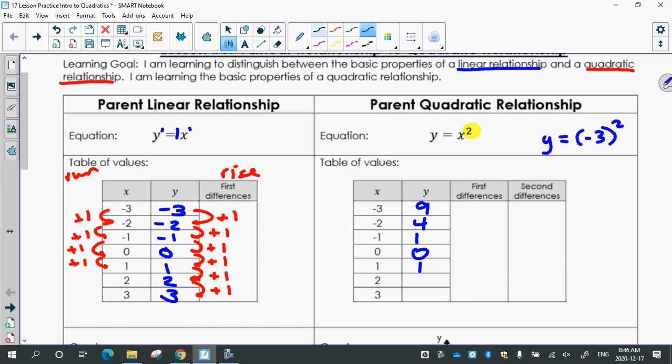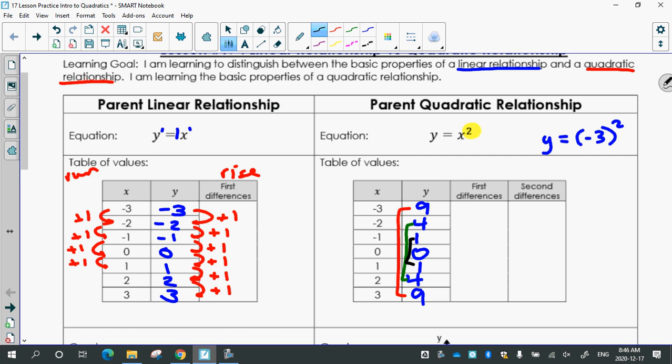Square 1, I get 1. Square 2, I get 4. And square 3, I get 9. So you kind of notice this pattern here. You see how those are the same? And then these are the same. And then these are the same. And then there's one in the middle. Okay, that's good. That's going to mean something to us shortly.